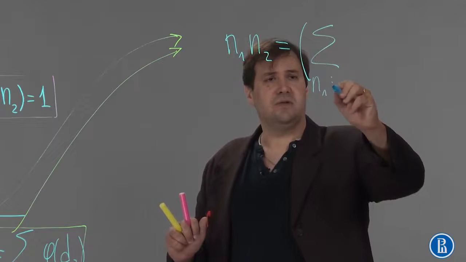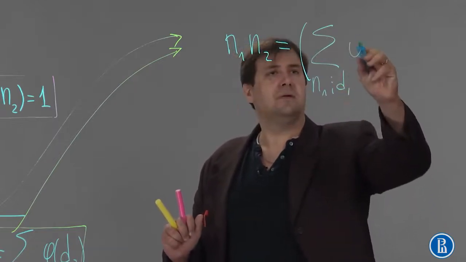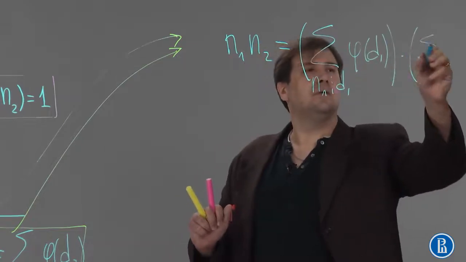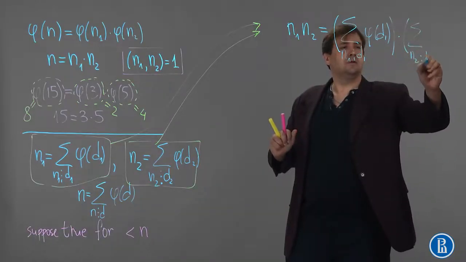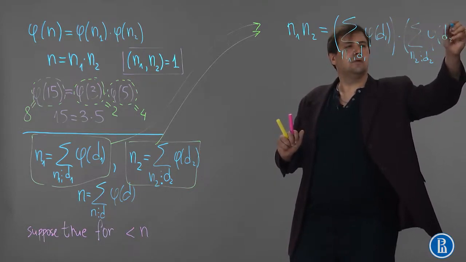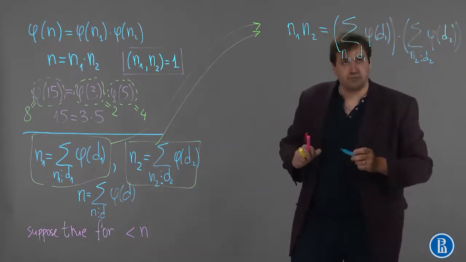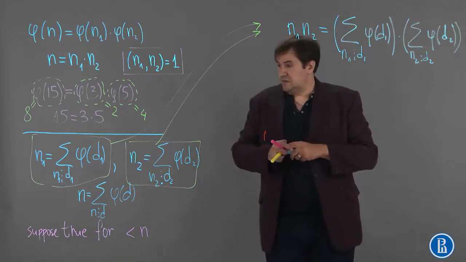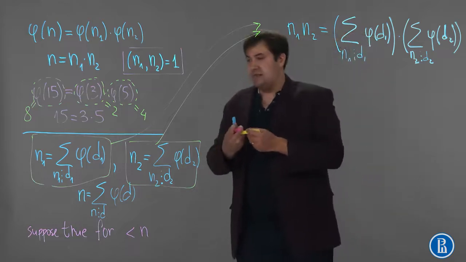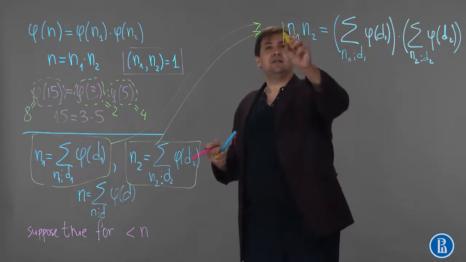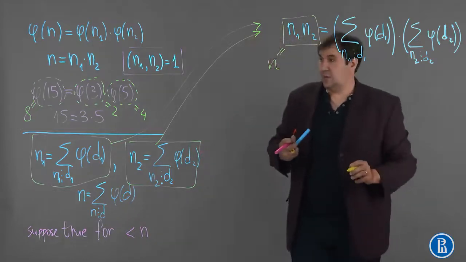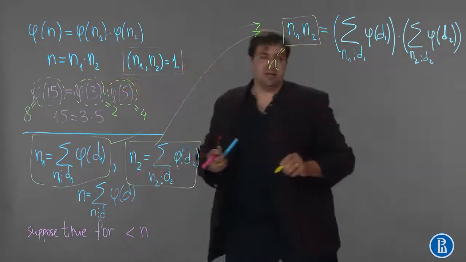You can see it for yourself. So nothing outstanding so far, but let's notice right away that this thing here is simply n. Well, because n is equal to n1 multiplied by n2.